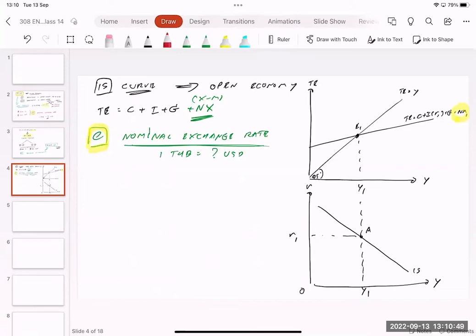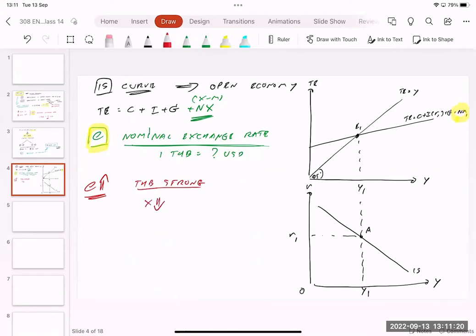So case number 1, I'm going to use the red color. If the nominal exchange rate goes up, what does it mean? It means that with 1 baht we can get more US dollars, so the Thai baht becomes strong. And you should know from chapter 2 that when the Thai baht becomes strong, everything produced in our country becomes more expensive, so we export less.